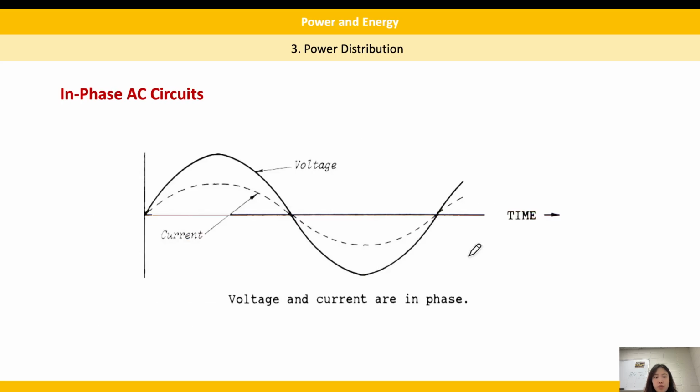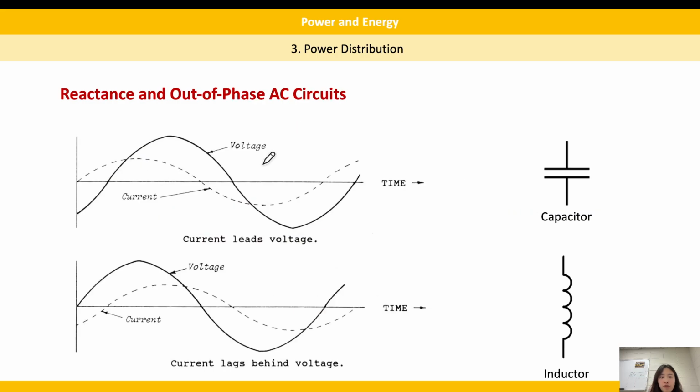So here is a regular one. We can see the peak current in this area and the peak voltage in this area. It happens at the same time. It's an in-phase AC circuit, a regular one, which we can also call purely resistive. But when a capacitor or inductor is included, what happens?